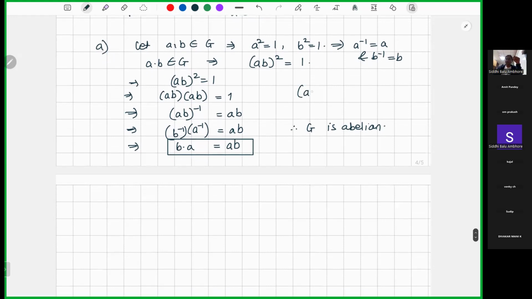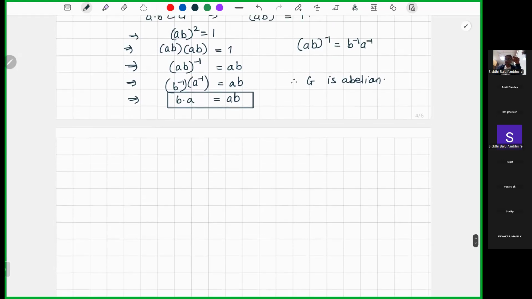This you know, right? AB inverse is B inverse A inverse. Because AB inverse means AB into B inverse A inverse, and this is AA inverse, so it is 1.